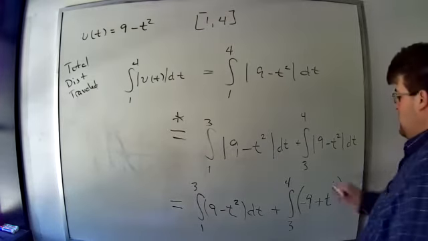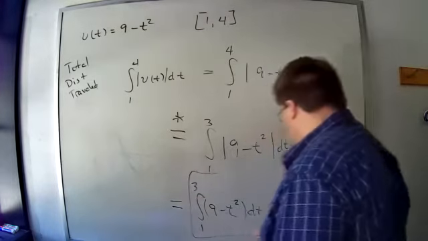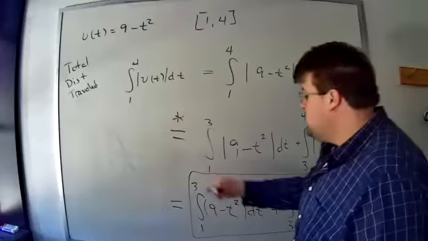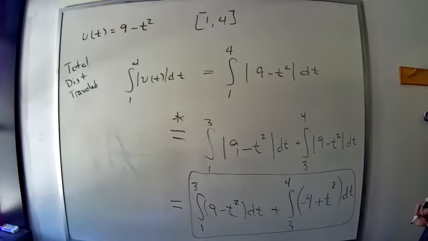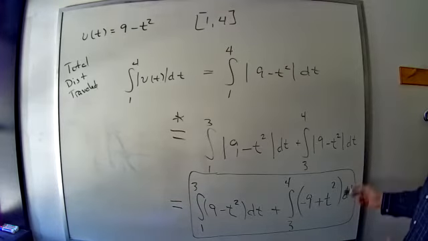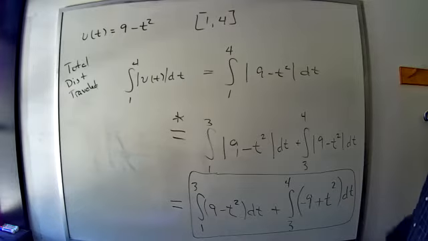Any questions about getting to this integral? If total distance traveled, net displacement shows up on the final, getting to this integral for the total distance traveled is most of the credit. Because beyond here, it's just evaluating an integral with some inconvenient numbers.